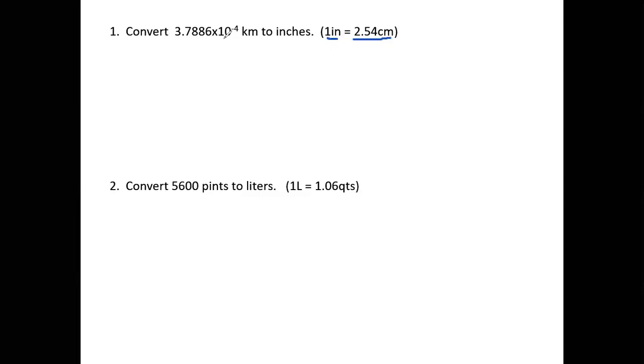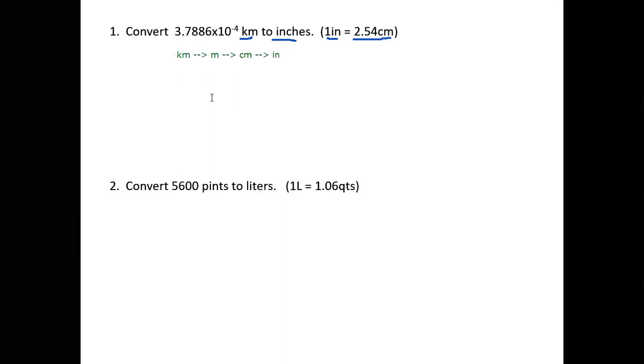But here we want to go from kilometers to inches, and it's giving us that 1 inch is 2.54 centimeters. So we're starting with kilometers, and we want to go to inches, and the way we get to inches is through centimeters. So the best option is to take kilometers, convert it to meters, and then convert it to centimeters, and then inches.